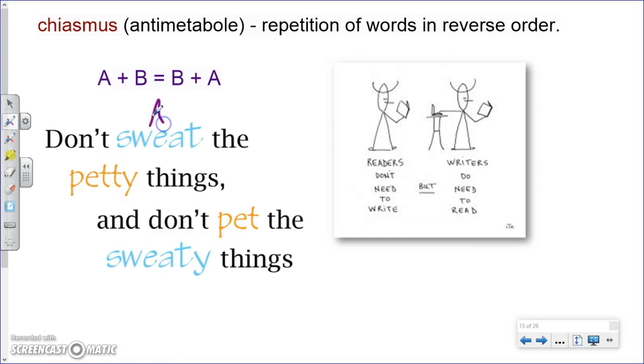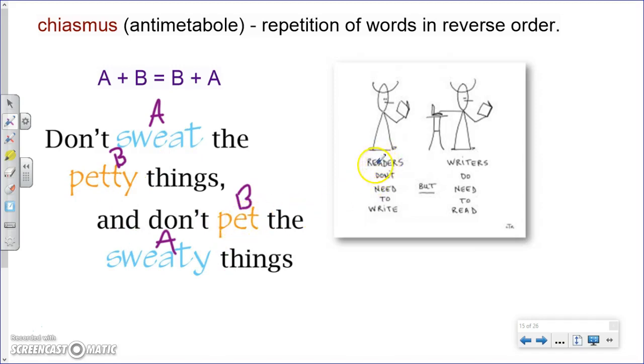So sweat would be the A, petty would be the B, pet would be the B, and sweaty would be the A. The idea is that at the beginning of the sentence they show up in one order, and at the end of the sentence they show up in the opposite order. Okay, so sweat, petty, pet, sweaty. And the idea that they change the ending doesn't matter. It's the idea that the whole word meaning itself is there.